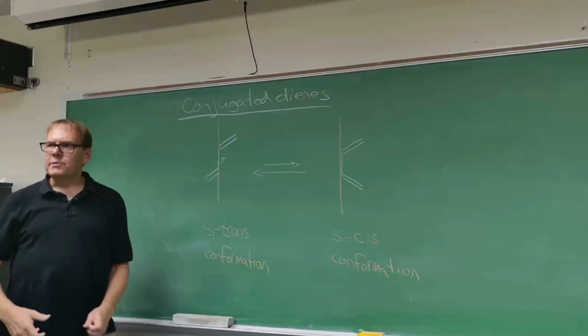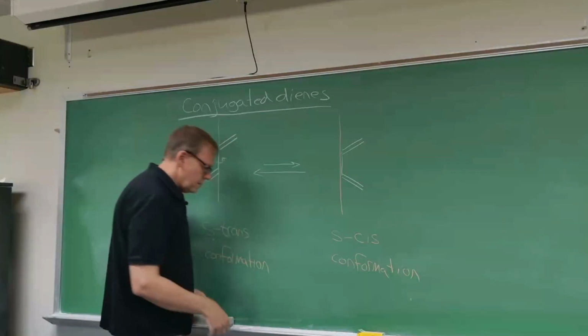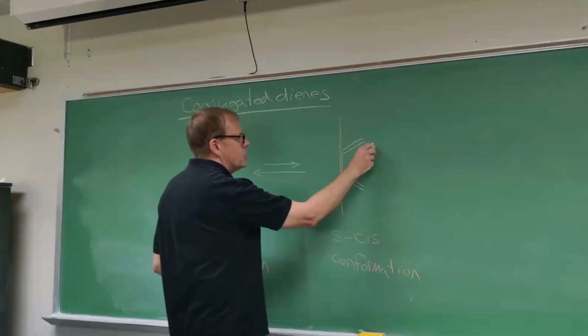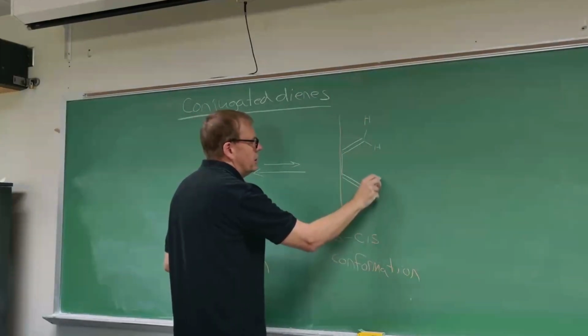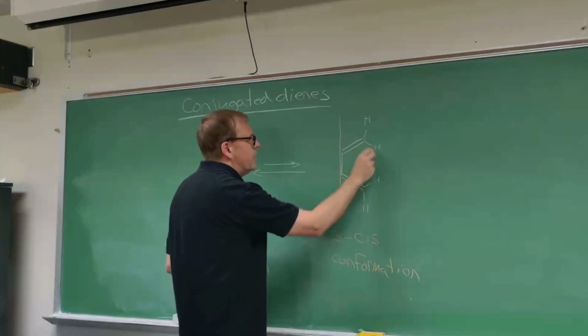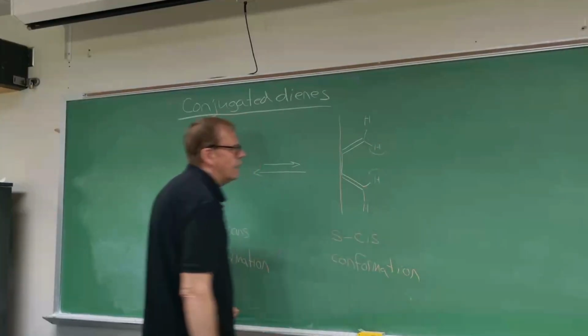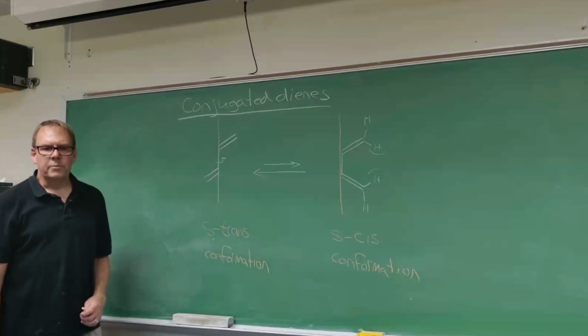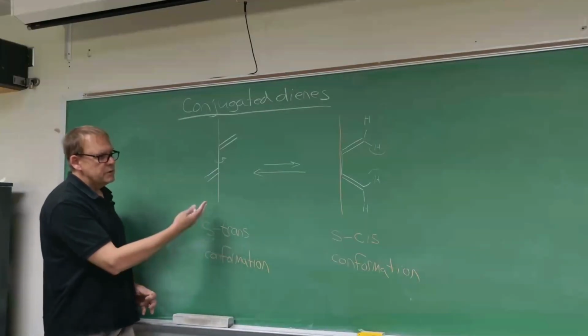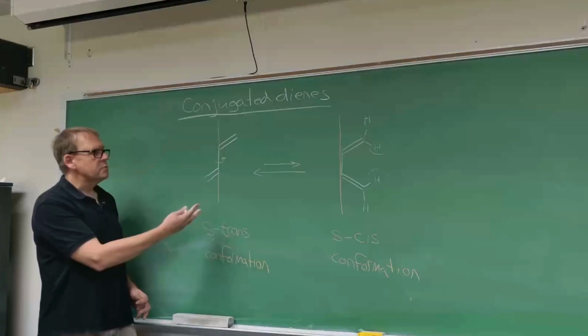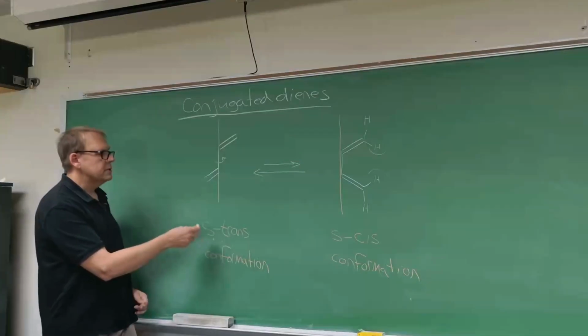And they don't have the same stability because if you think about what's going on with these, there's an H here, and an H here, and an H here, and an H here. And these two H's are kind of getting in each other's space a little bit. So that one's got a little bit more steric strain associated with it. This one over here on the other side puts those groups much further apart. So this one is more stable.